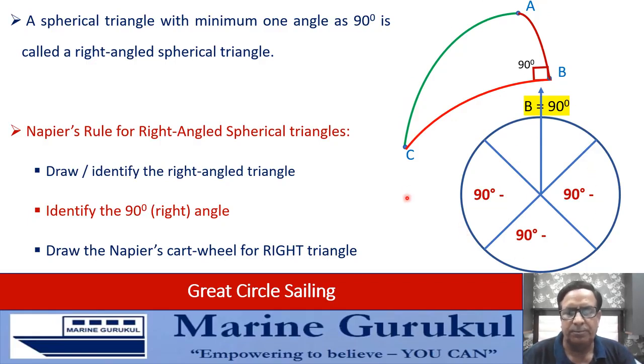So when we go from B clockwise, we have side BC. Side BC comes here. Then we have angle C. Angle C comes here. Then we have side AC, which comes here. Then we have angle A, which comes here. And lastly, we have side AB, which shows up here. And that's how the cartwheel is now completed for the right angled spherical triangle.